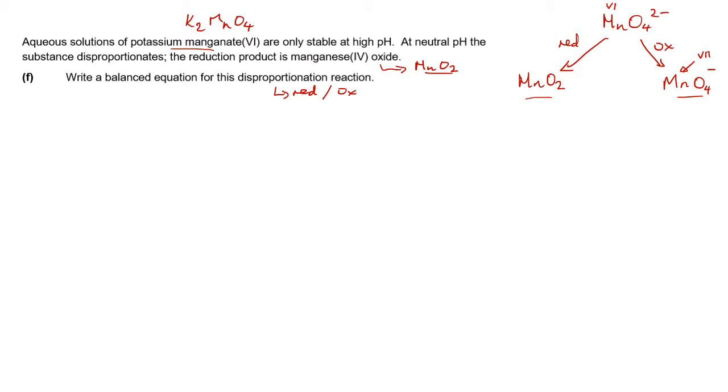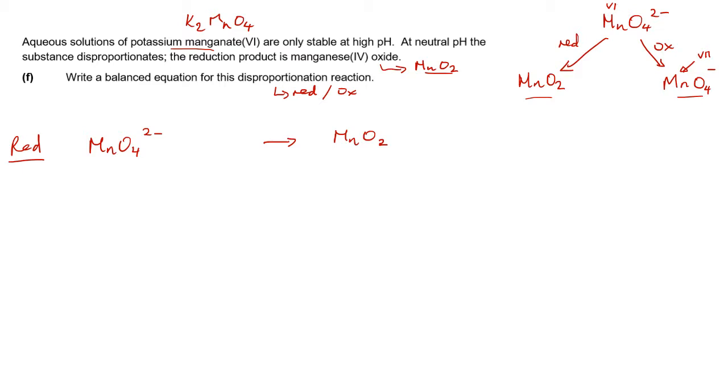Now we're going to write down the two half equations. Let's start with the reduction half equation. We've got manganate(VI), MnO4 2-, and we're going to leave some space because we have to add our hydrogens and electrons. We know that it reduces to MnO2. First step is to balance the non-oxygen, non-hydrogen atoms, which is manganese, and we've got 1 of each, so that's already fine.